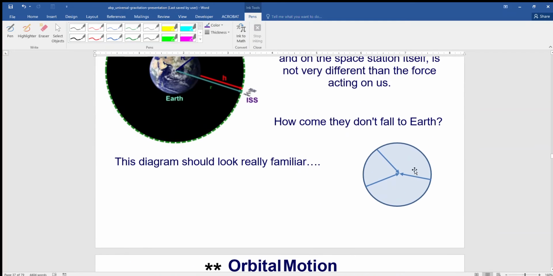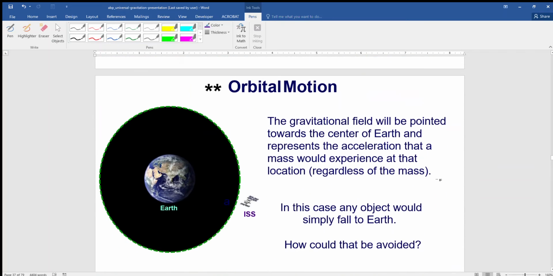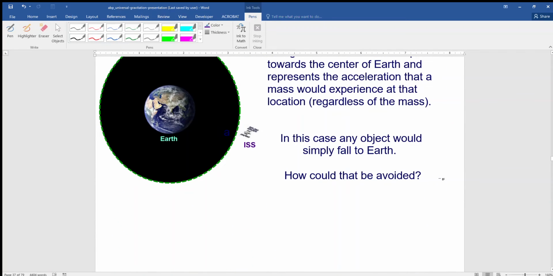So no matter where we are on the path of that circle, every force is directed towards the center. But why doesn't it fall to Earth? Let's see on the next slide.